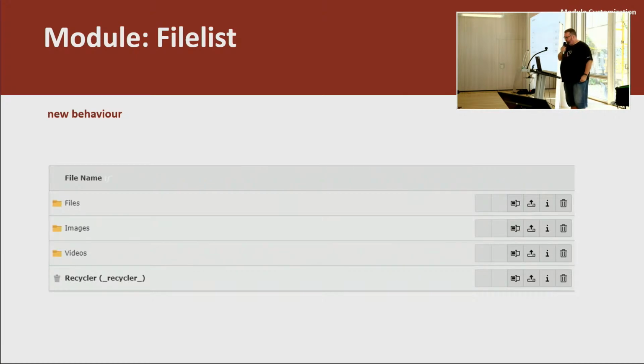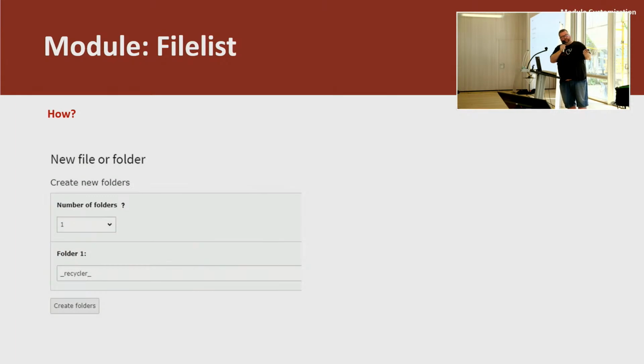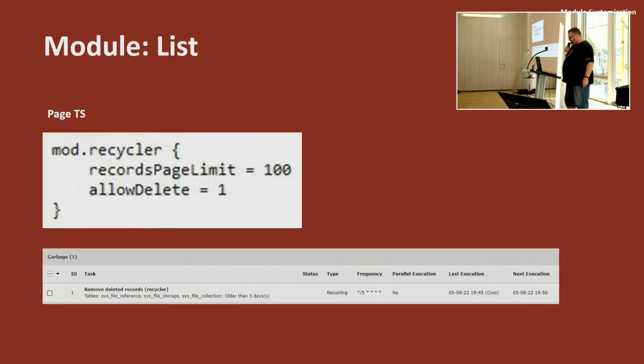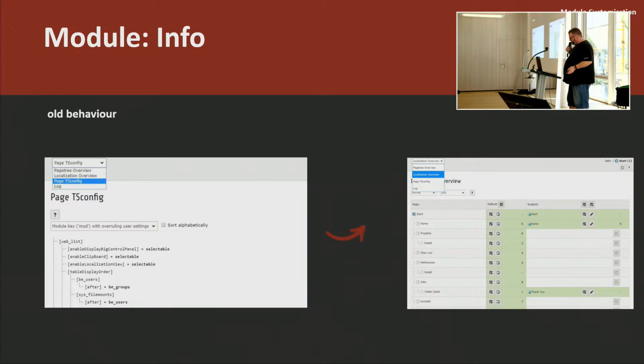It's a small option that we do on every page. Yes, I know we have a module for the recycler, but here editors can see it, and it's really fast. You create a new folder with the name _recycler_. Here you can also set the page limit, and yes, this is a little bit of information.